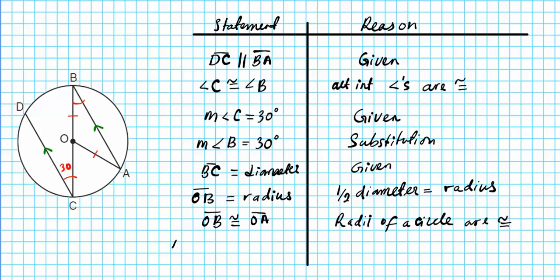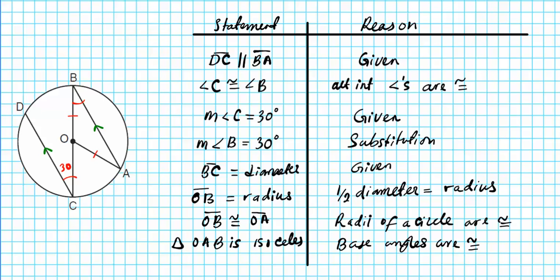So triangle OAB is isosceles. Why is that? Because base angles are congruent, okay?